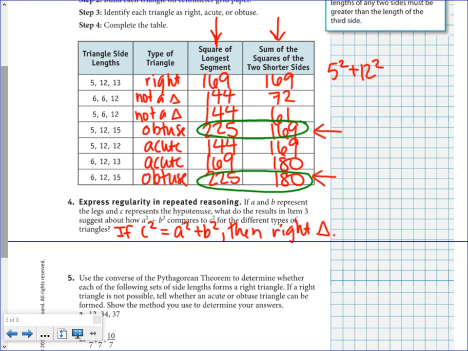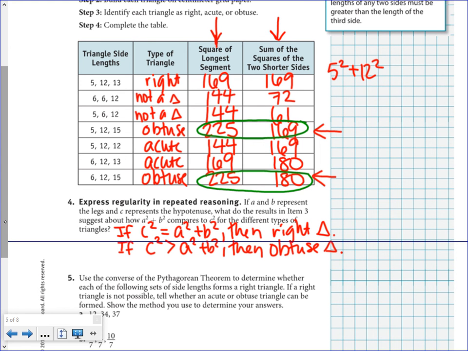On both of them, the square of the longest segment is the larger number. So what we can say there, if the square of the longest segment, c squared, is greater than a squared plus b squared, then you have an obtuse triangle.